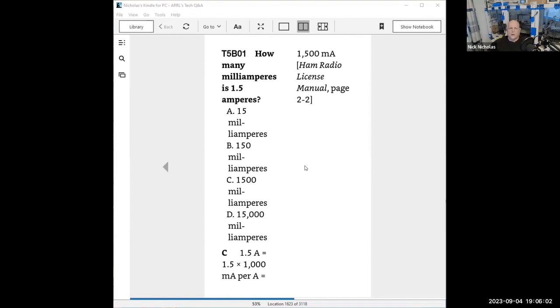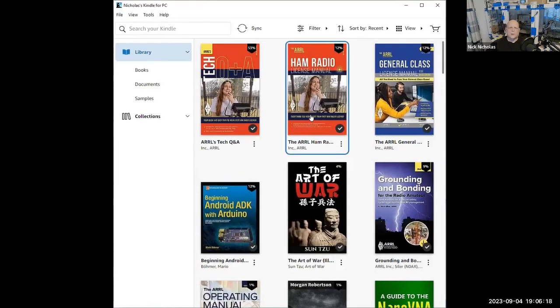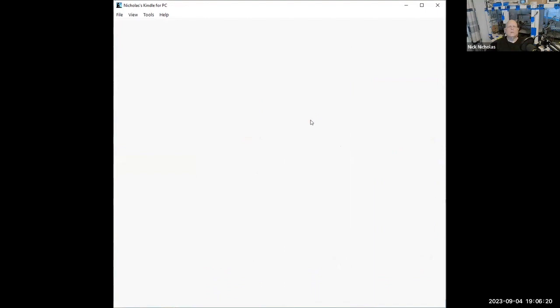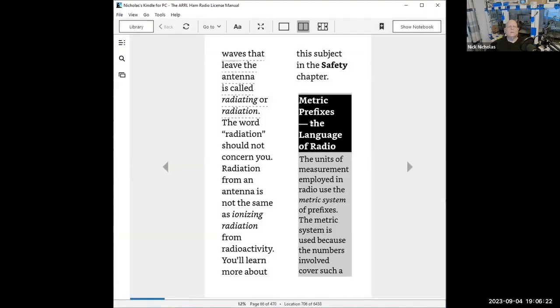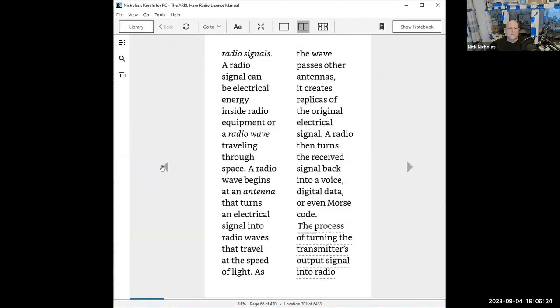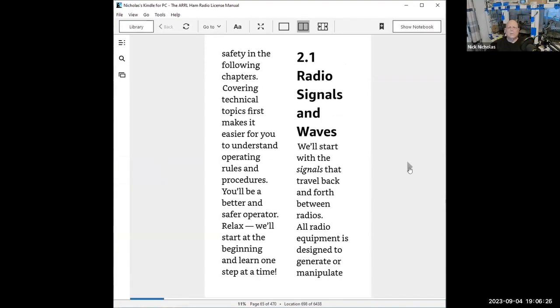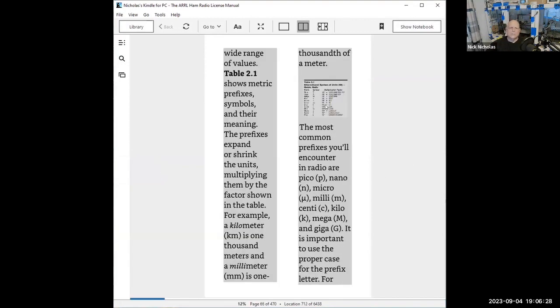So, for example, T5B1, the very first question, asks, how many milliamperes is 1.5 amperes? So let's go to the book and look at the chart in the book.